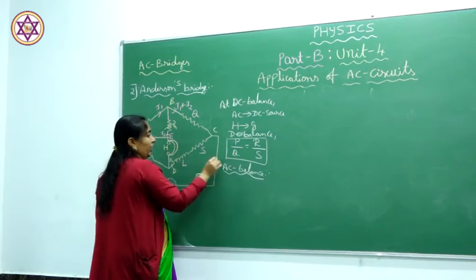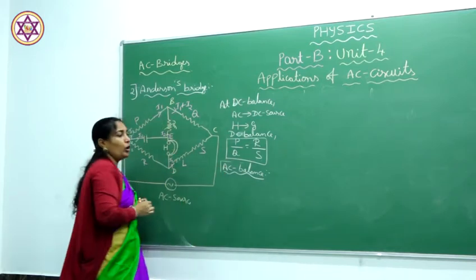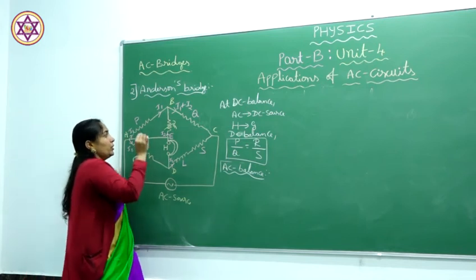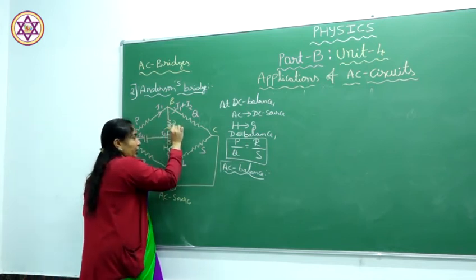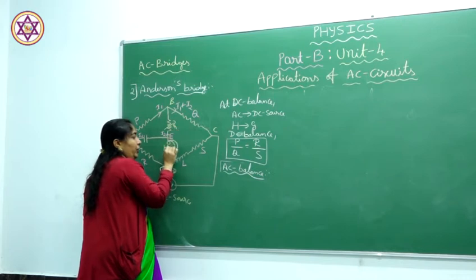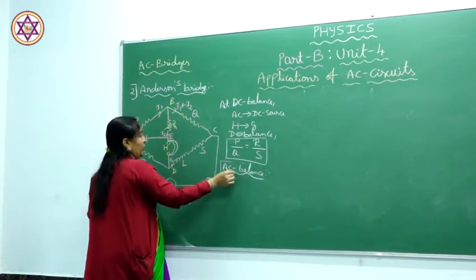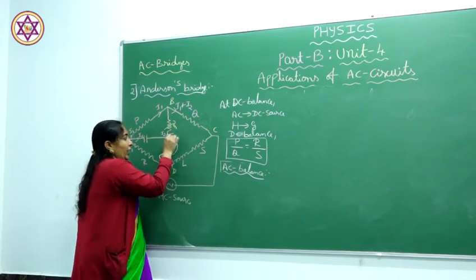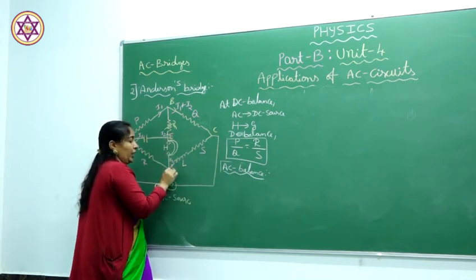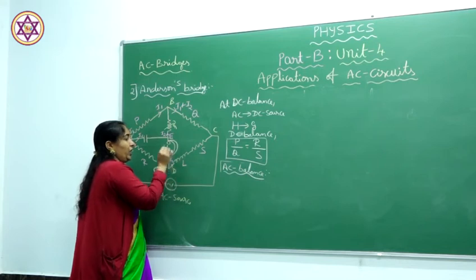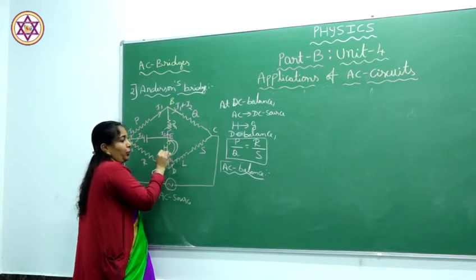So this makes the AC balance. Vary the resistance until we get the minimum sound in the headphone. That means the potentials across E and D are the same. This will be indicated by the minimum sound in the headphone.